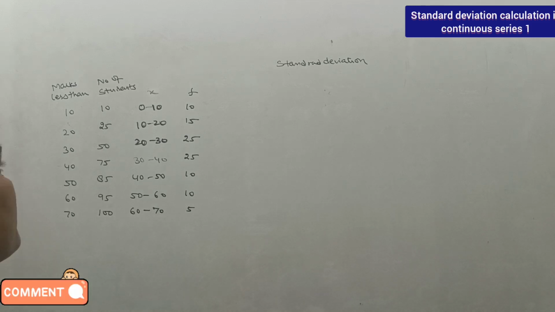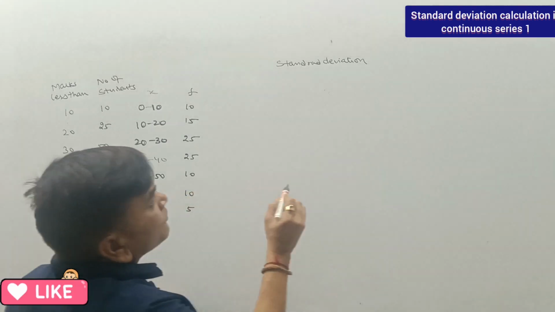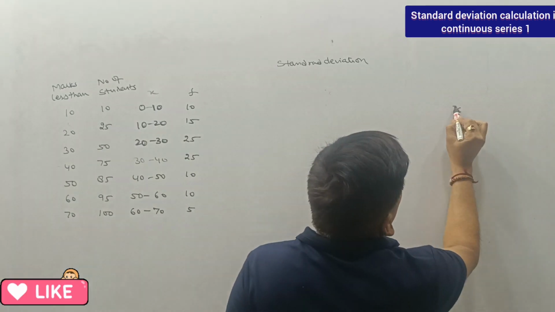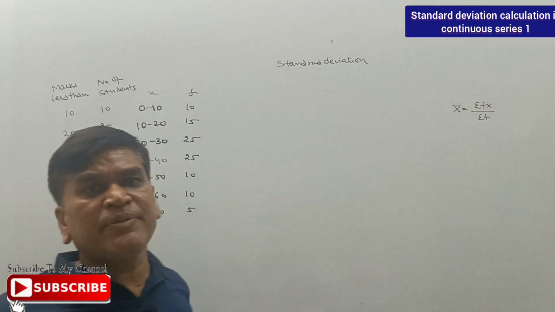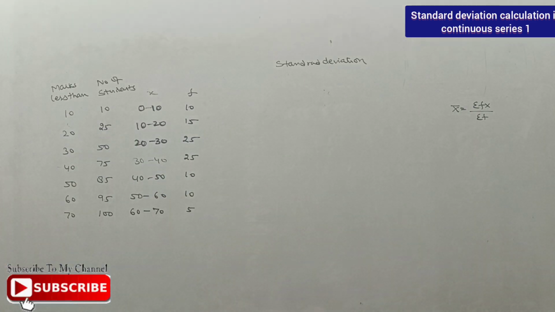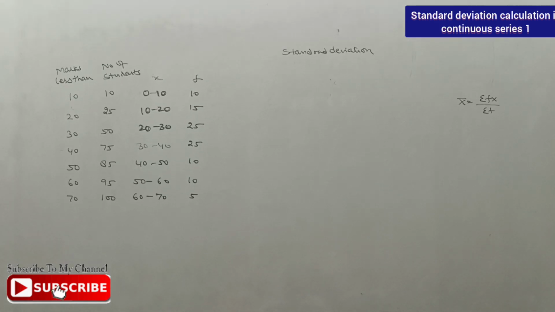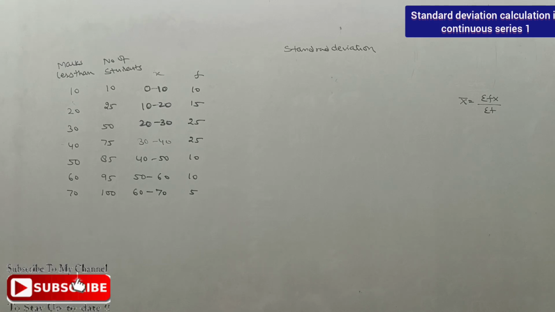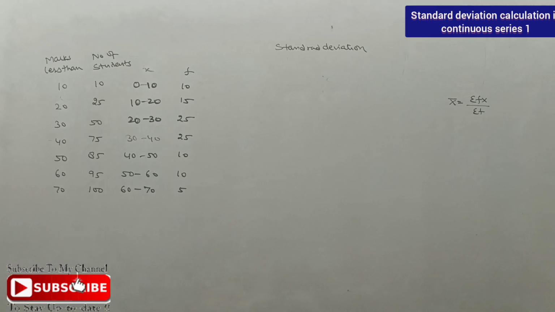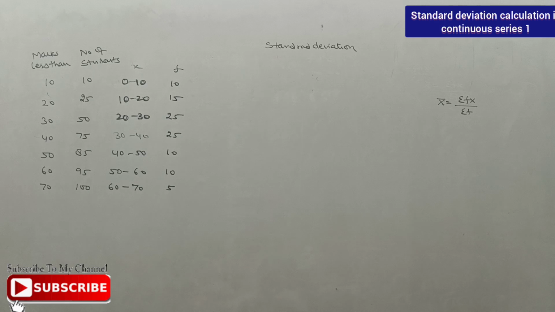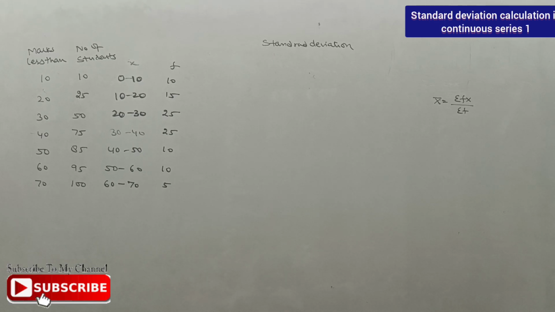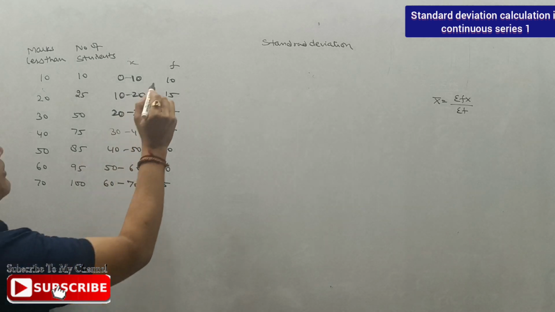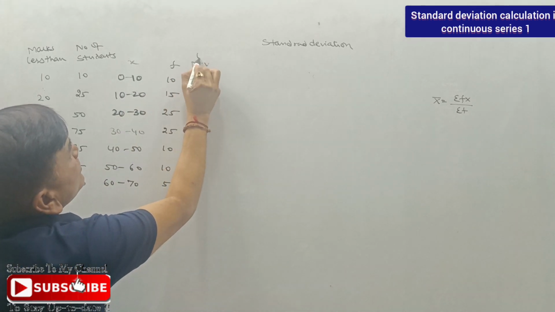Next, we want to calculate x bar. For x bar, we want sigma fx divided by sigma f. Here we are using the direct method. In the direct method, the very first thing is to calculate x bar, and for that we first want the mid value, that is x.